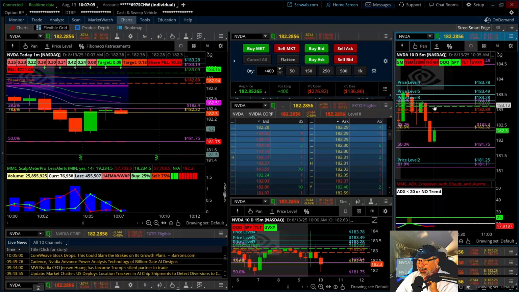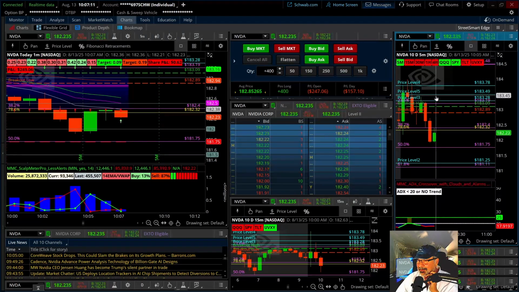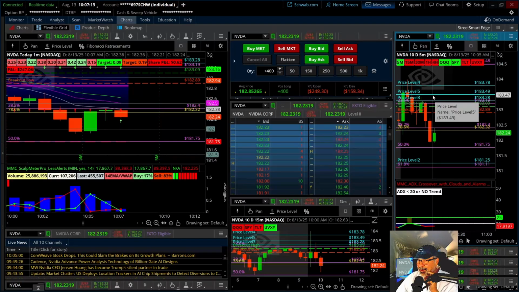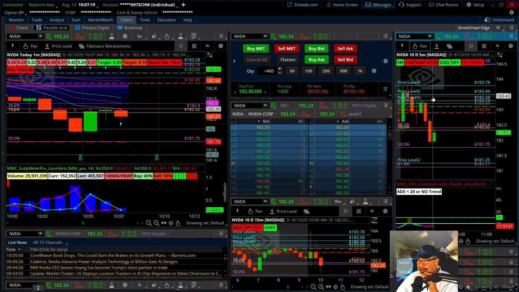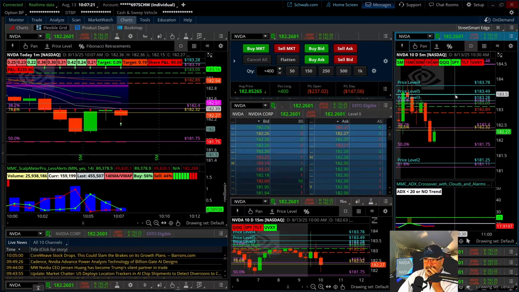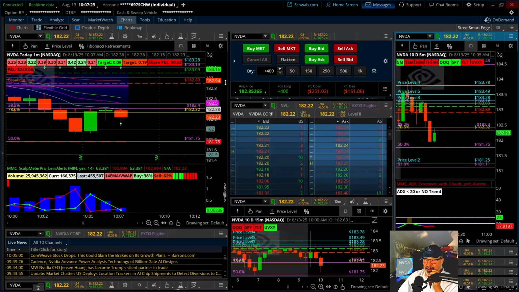There's the breakout. I'll drop below. I'll go like 183. I won't go a whole dollar on it. I'll just go like 183, say 42, based on those levels.